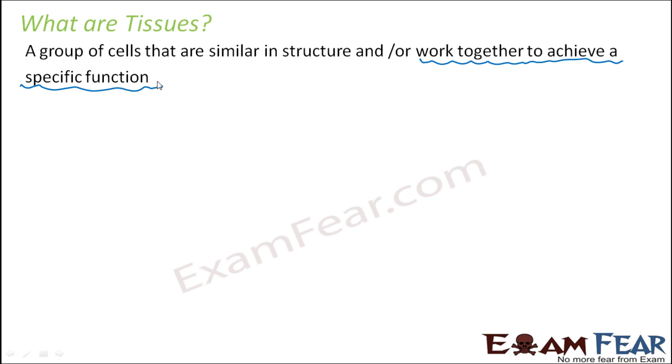So if there are 100 cells in your body, some 10 cells group together to perform one function. Some 20 cells group together to perform a second function. Again, some 30 cells group together to perform a third function. So that grouping of cells to perform a common function, each such group is known as a tissue.